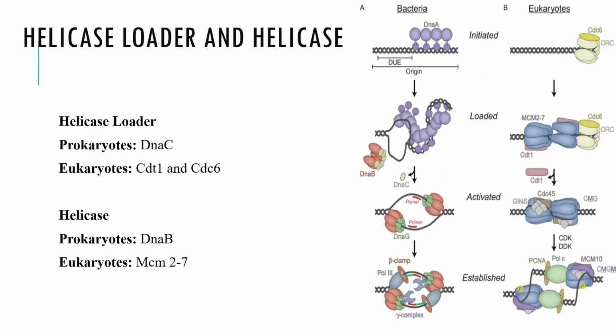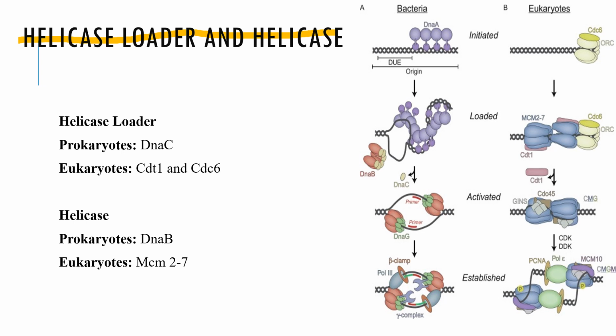Next is the helicase loader and helicase loading. For the loading of helicase, a helicase loader is required, and if there is no helicase loader, there is no loading of helicase.